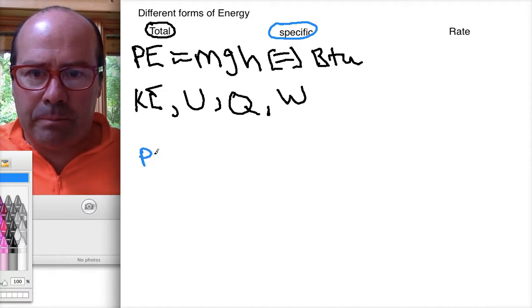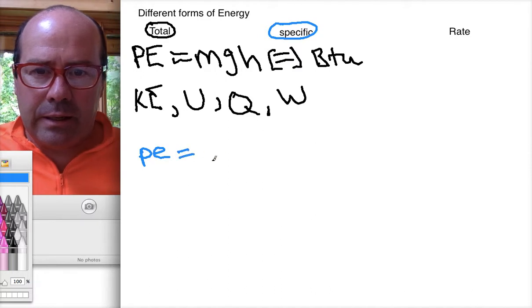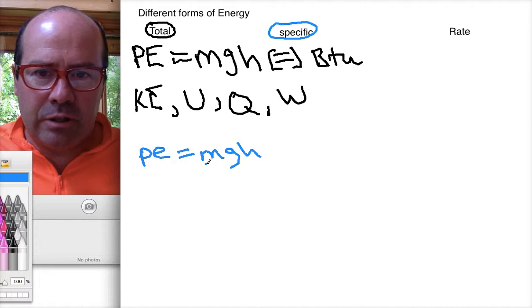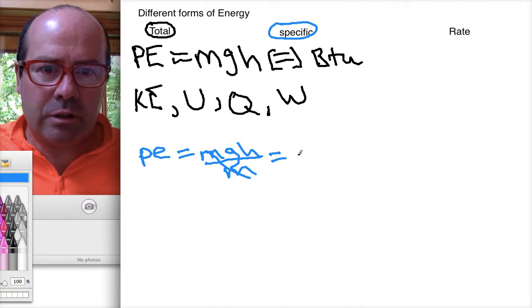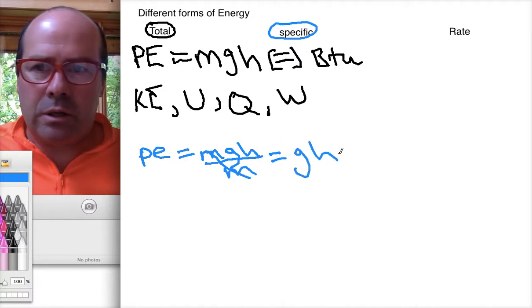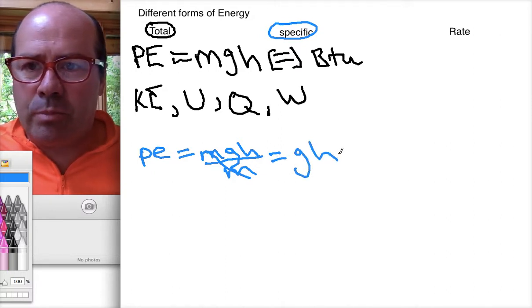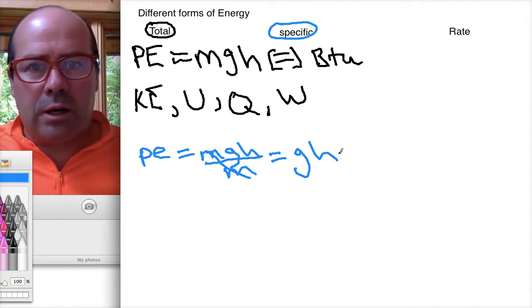So I would say little p, little e, and well, what's mgh divided by m? Oh, it's just gh. And kinetic energy would just be v squared over 2.